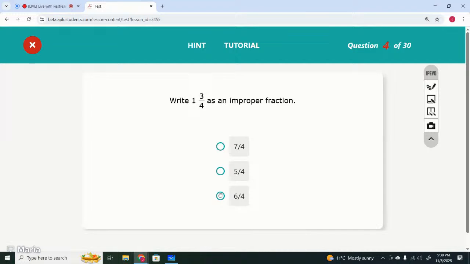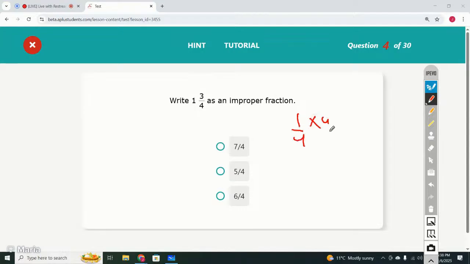Write 1 whole 3 by 4 as an improper fraction. So the whole number is 1, right? Multiply the whole number by the denominator. We can write the whole number as 1 by 1, multiply it by the 4. That is 4 over 4.